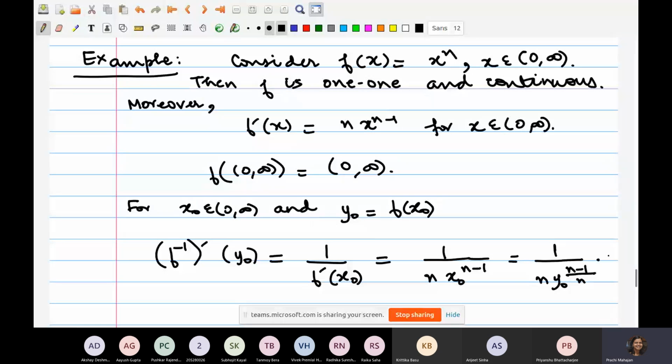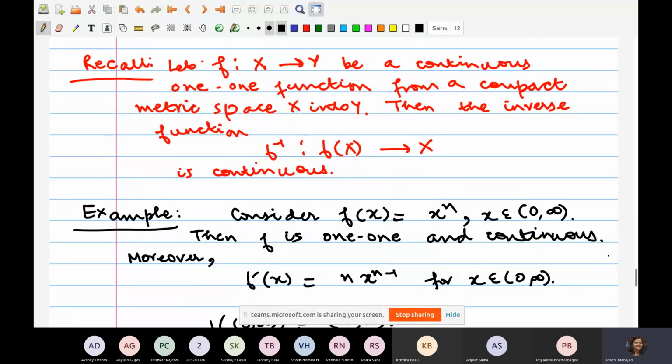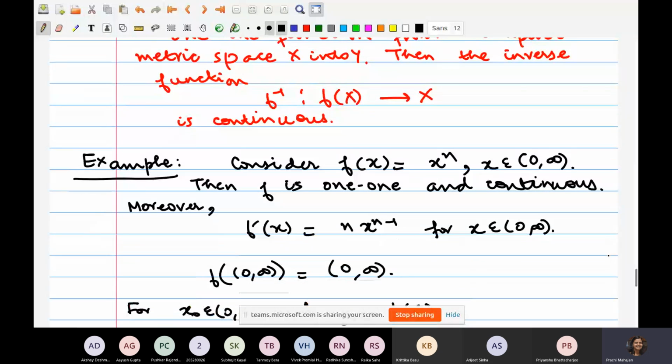If you remember, compactness is used there, in what I've written in red ink here, to assert the continuity of the inverse function, which is very important in the proof. And we have seen that compactness cannot be dropped. Compactness is essential to assert this. So how do we apply this theorem here?